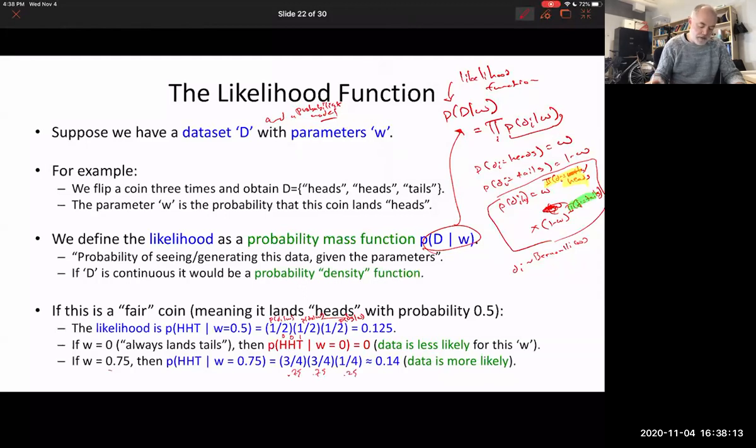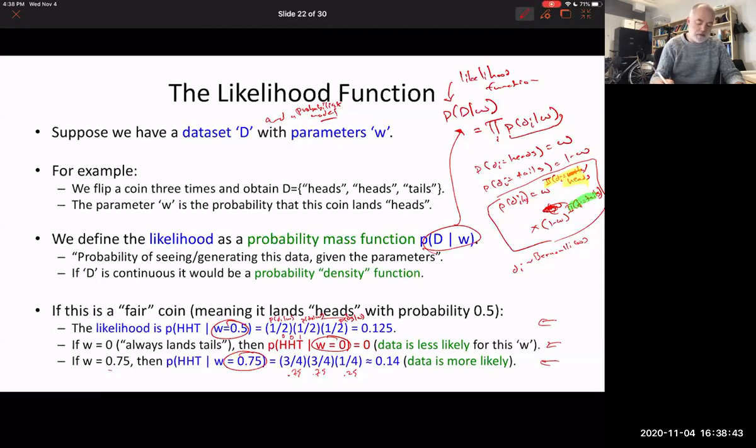The main point is that under a Bernoulli likelihood model, the probability of the data given the parameter varies depending on the parameter. So here all we're doing is the data is fixed. It's always heads, heads, tails, but we're moving the parameter around, from 0.5 to 0 to 0.75.